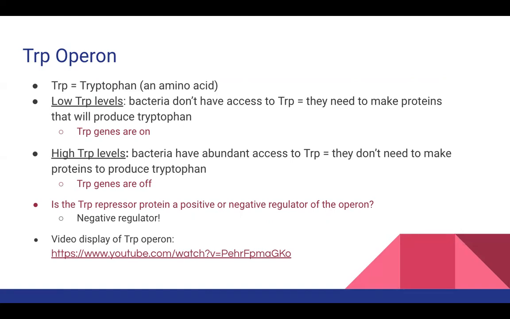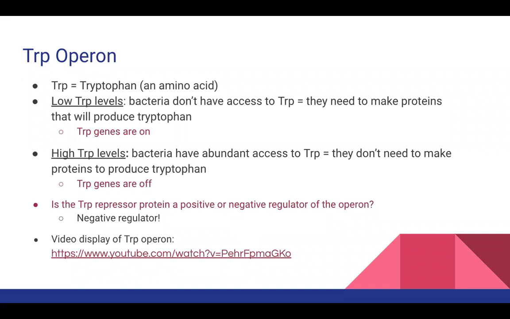It codes for proteins that help make tryptophan. That's a little bit of a common misconception. And so when these genes are on, in the case of low tryptophan levels, the proteins will be expressed from this operon that will come together to make the tryptophan that's needed in the cell.